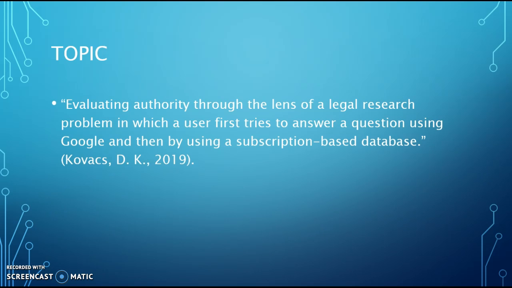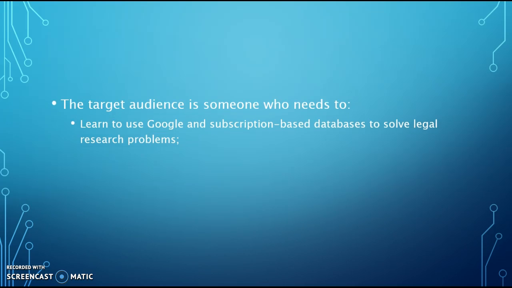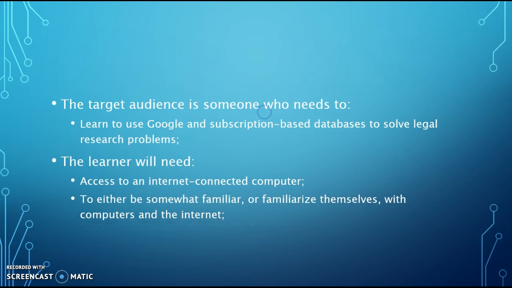The topic I chose to do was evaluating authority through the lens of a legal research problem in which a user first tries to answer a question using Google and then by using a subscription-based database. The target audience is someone who needs to learn to use Google and subscription-based databases to solve legal research problems.